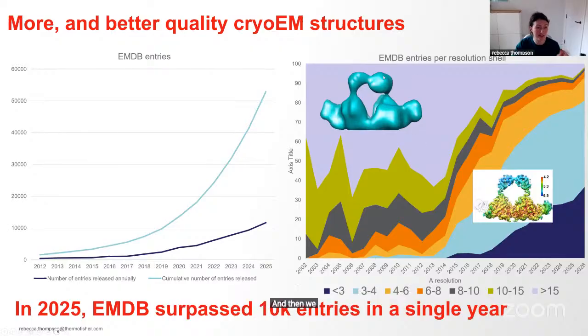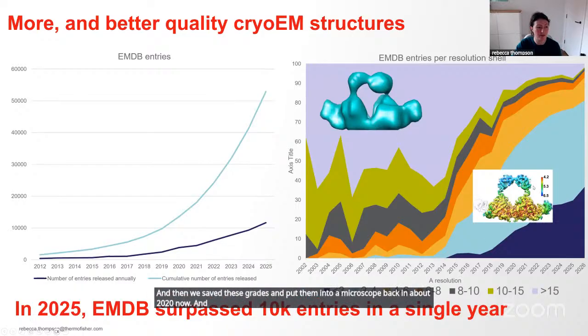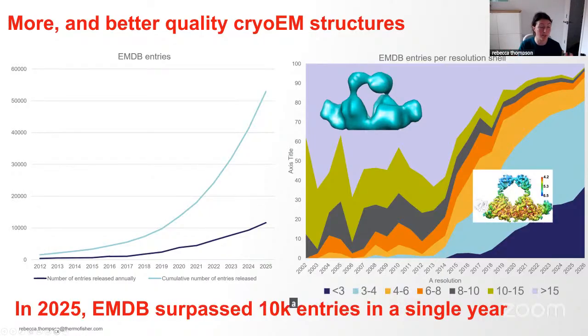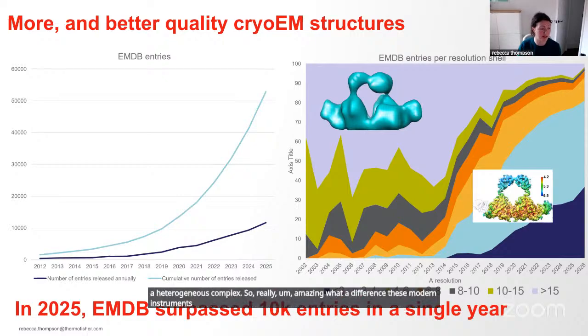We saved these grids and put them into a microscope back in about 2020. We just put the same grids into a modern microscope, and a structure just popped out. I think the global resolution was about 4.5 angstroms, because this is quite a heterogeneous complex. So it's really amazing what a difference these modern instruments can make to the quality of data that we can get out.